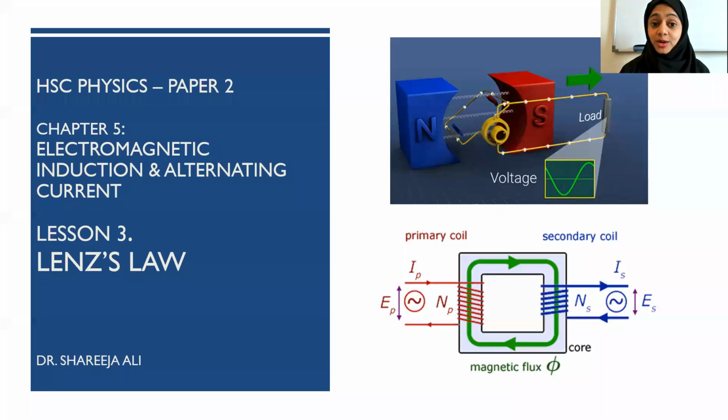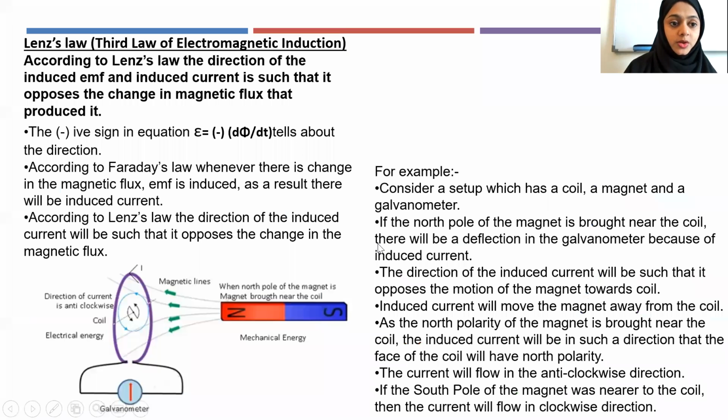I hope you remember we discussed in the beginning of this chapter that there were three scientists who did the experiments almost at the similar time, but it was Faraday who first published it. The other two scientists were Henry and Lenz. So we will see Lenz's law today. Is that clear to you? Yes, teacher.